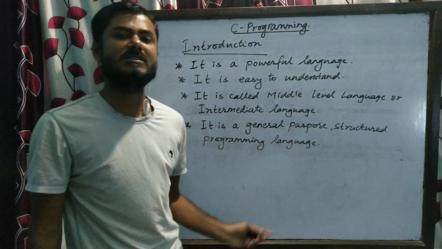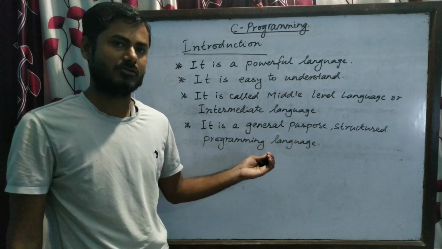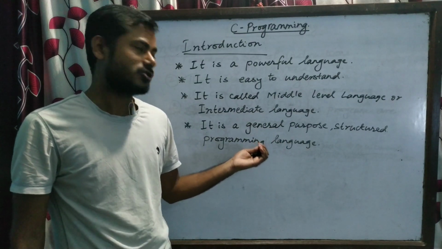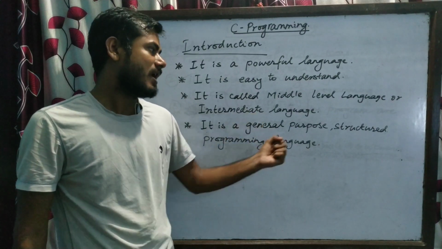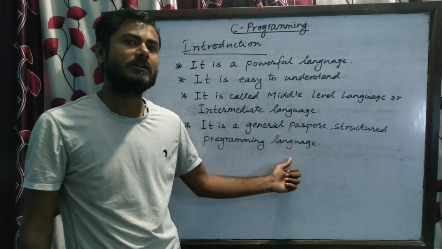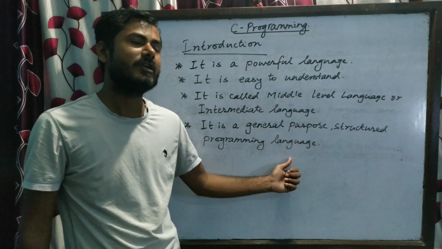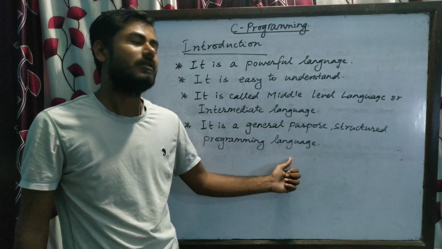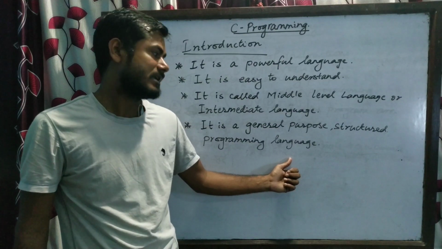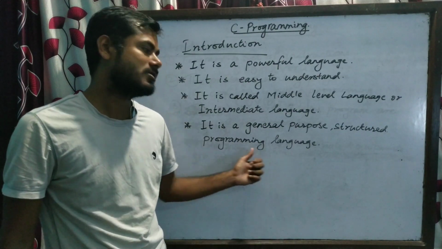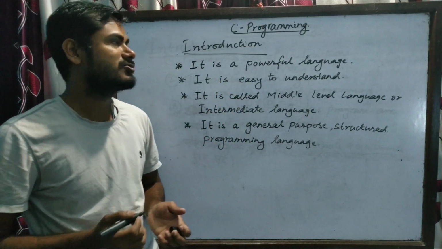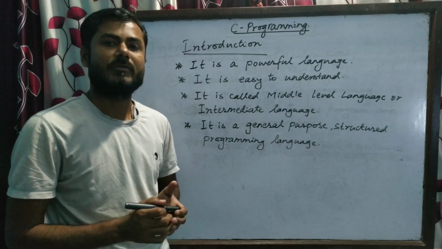General purpose means that C programming is also used for developing general application software, and it is also a structured programming language. That means it follows the concept of functions. We can divide our bigger program into smaller functional programs. That's why it is also called a structured programming language. So these are some of the basic introduction about C programming.